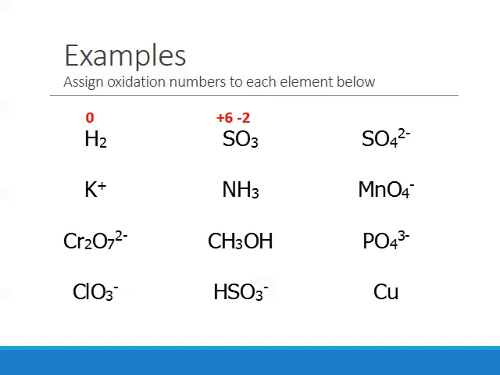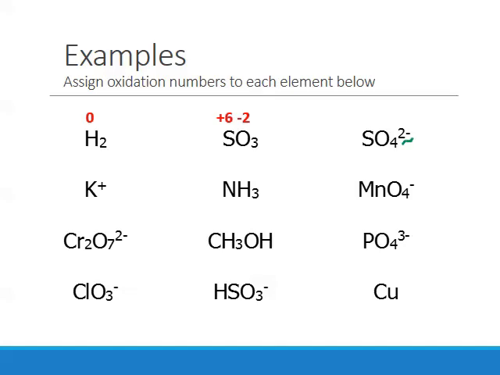Next we have the sulfate ion. Again, we know those oxygens are each -2. So I'm going to put a -2 above the oxygens. There's 4 of them. 4 times -2 is -8 total. So that sulfur must be, now wait a minute, there's a charge on this thing. The charge is -2. That's different.